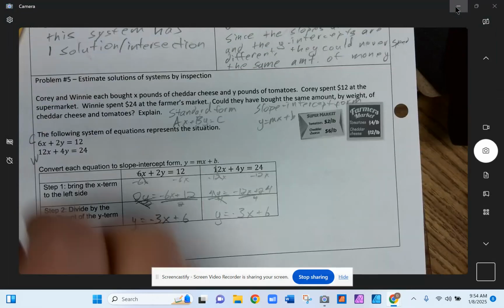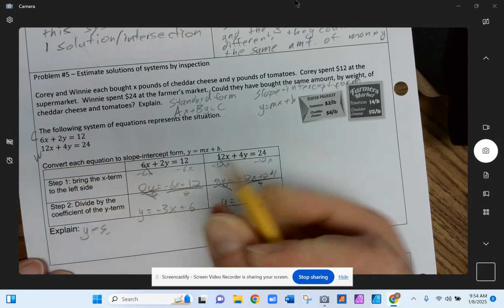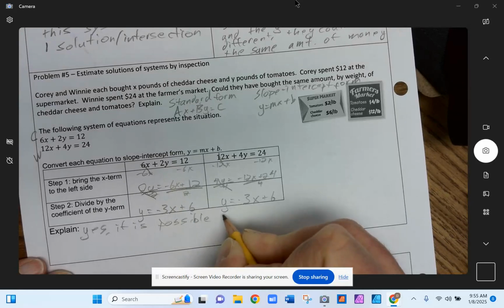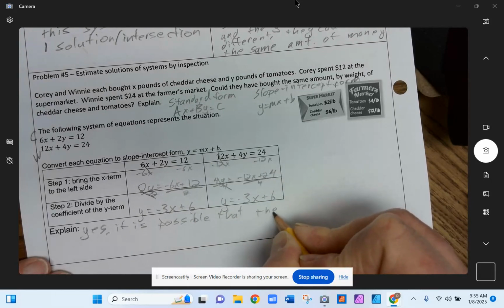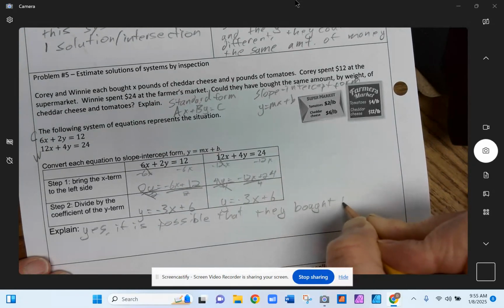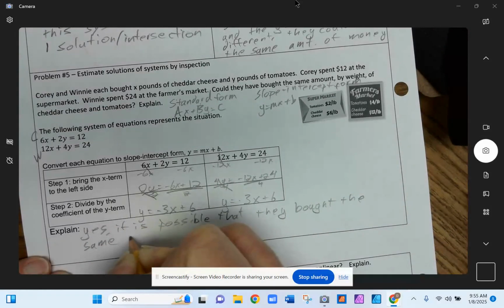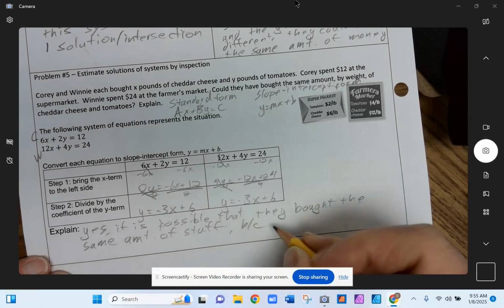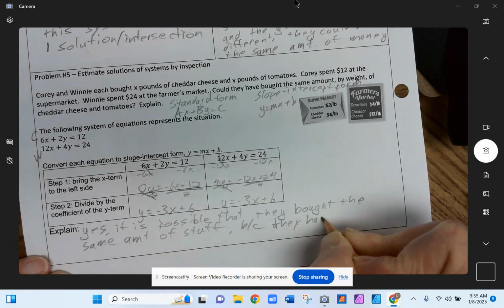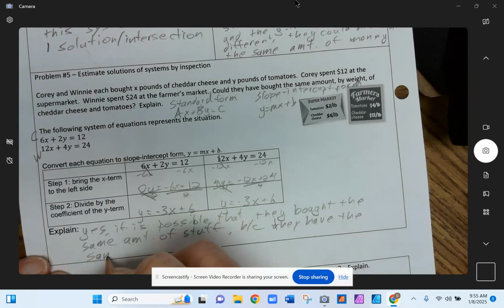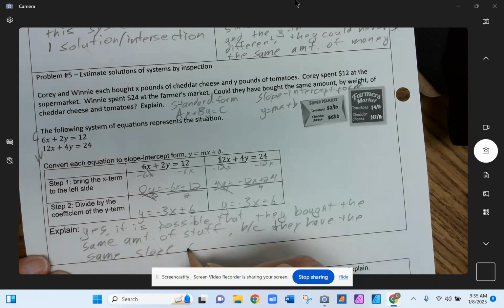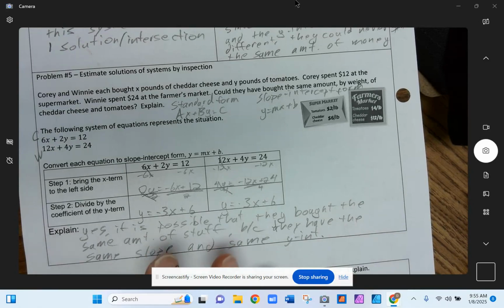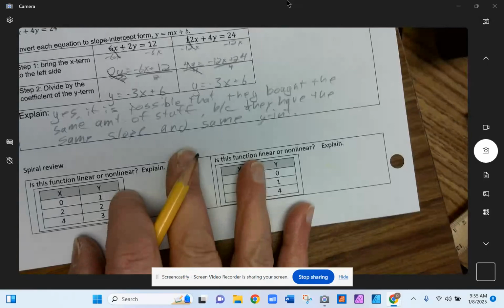So you'd say yes, it is possible that they bought the same amount of stuff, because they have the same slope and same y-intercept.